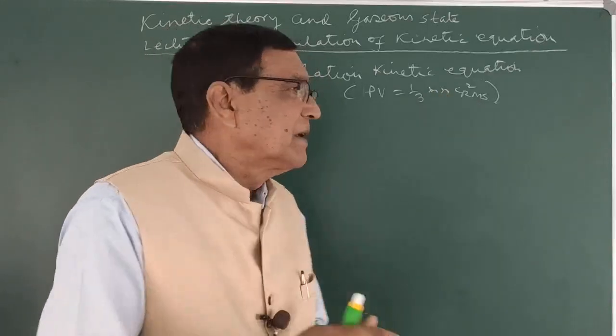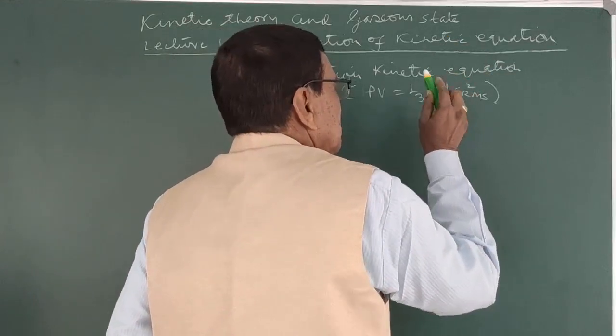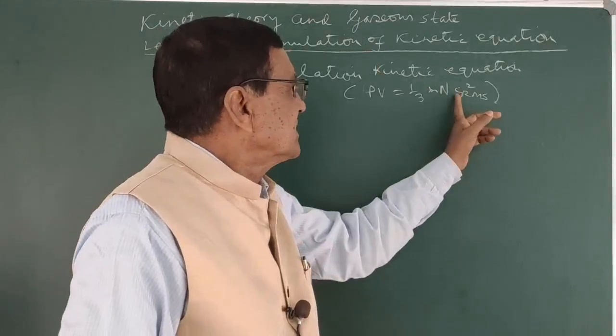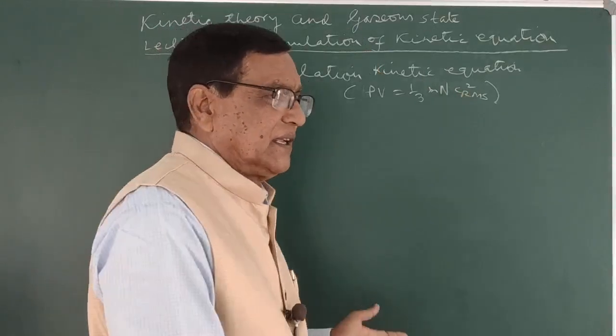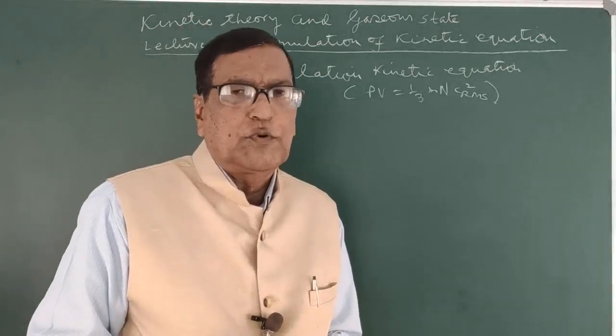N is the total number of molecules present in this gas vessel, and C RMS, which I said, is the RMS speed, root mean square speed.